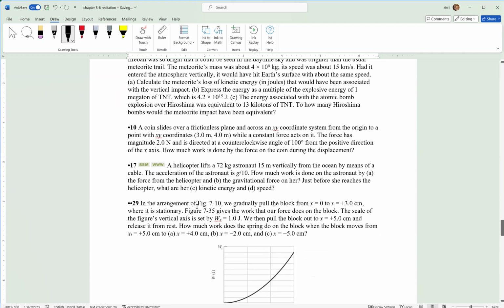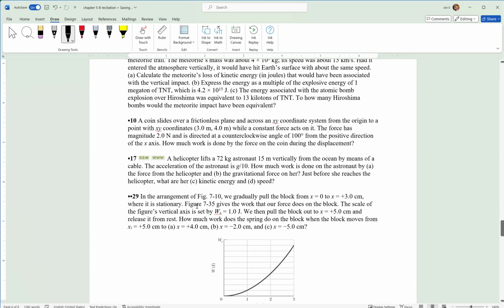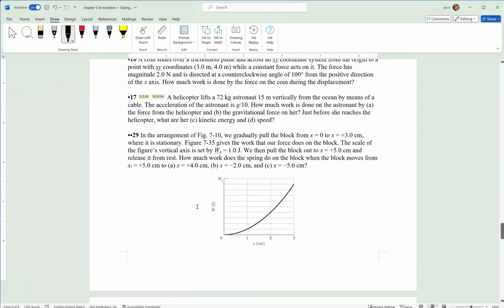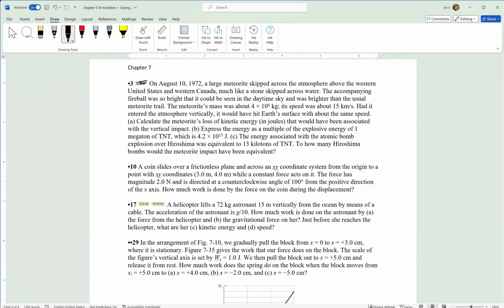Okay, so we are going to take a look at chapter 7. For chapter 7, the first two problems are very simple. I think I can give you the problem. Yeah, the first one is very simple.